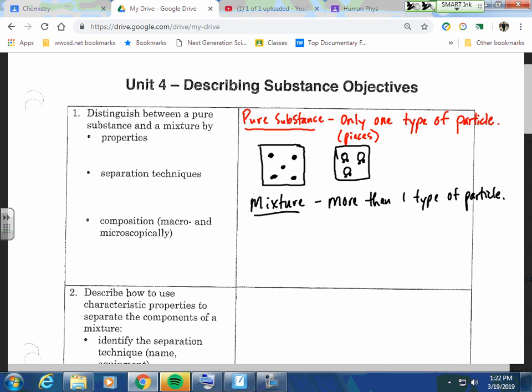So if we look in those boxes that represent a certain volume, in a mixture we would see different things. Maybe we see some dots like this. So far it's a pure substance. There are only 3 particles and they're all the same.